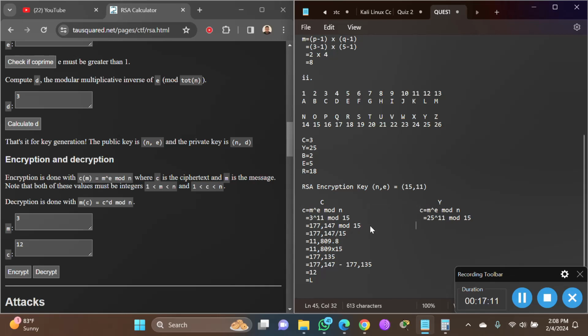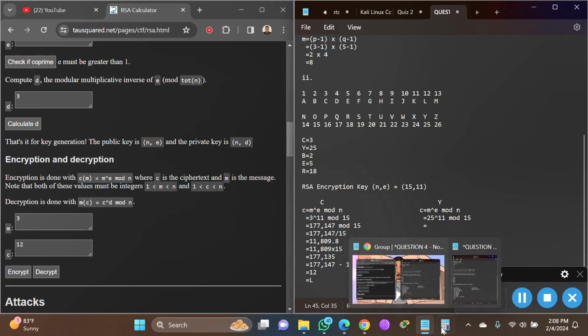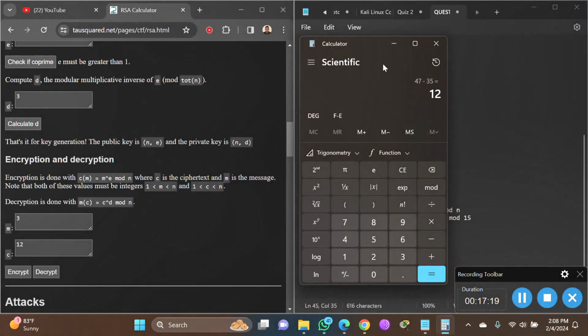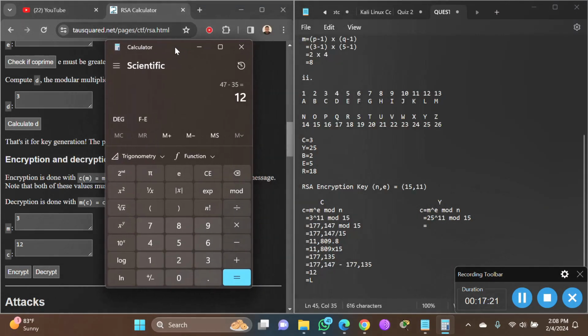So we have 25 power 11. So this one will give you an exponential if you're using a normal calculator. So you need to know how to deal with exponentials. So 25 power 11, like that. So for me, because I'm using this type of calculator which is scientific, I won't get an exponential, but you guys are getting exponentials.